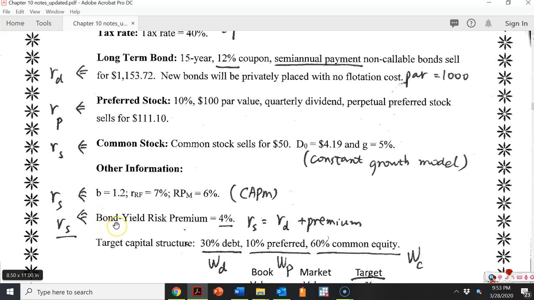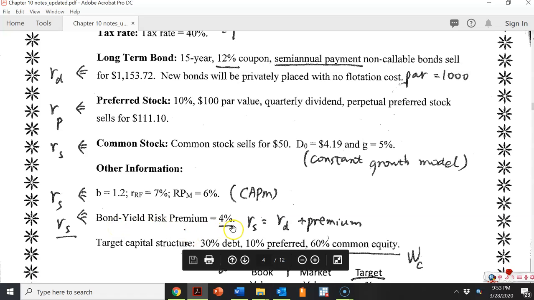We also know that the bond yield risk premium is 4%. This is a new concept here. The bond yield risk premium is the difference between the stock yield and the bond yield of the same firm. So we can use the cost of debt plus this premium to get the cost of common equity.